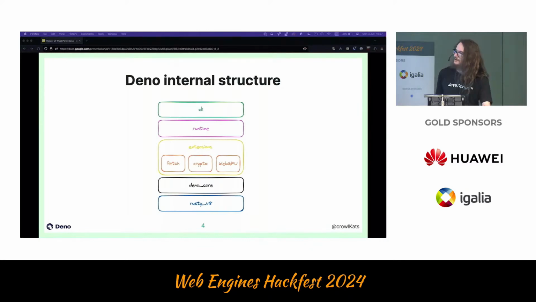After that comes the runtime. The runtime is just glue code that puts all these different components together and adds some additional web APIs like Worker and some other functionality. Here's also where APIs are assigned to globals, etc. Finally, we have the CLI layer. It's where various subcommands and JS APIs related to those subcommands, like testing and benchmarking, are implemented and live. And that's the simplified version of Deno's internal structure.